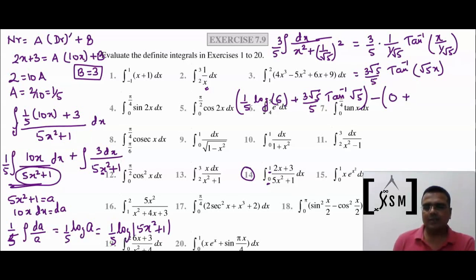I hope you know this from trigonometry, right? So this is nothing but 0 plus 0. So my answer is this form. I hope it is clear to you. 1 over 5 log 6 plus 3 root 5 over 5 times tan inverse root 5 is my answer.